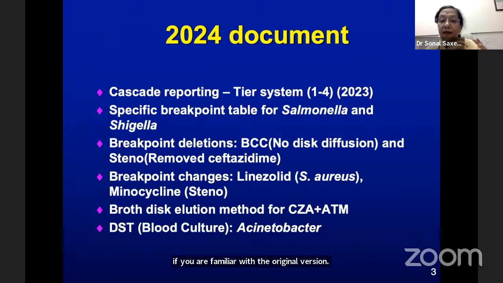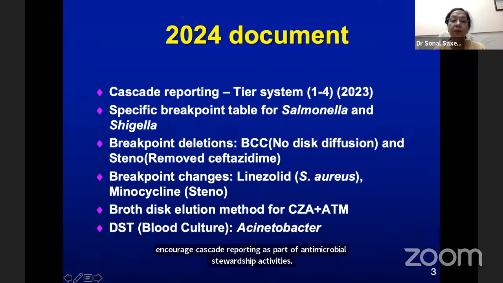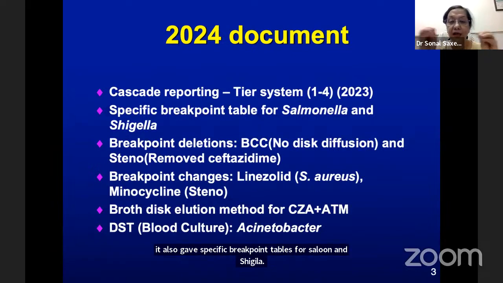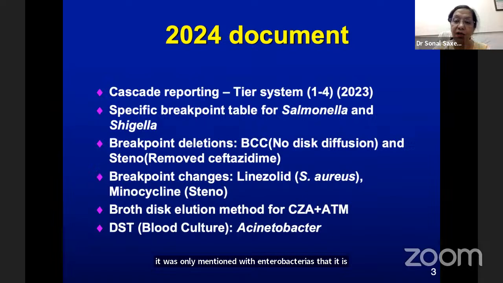Actually, in 2023 itself, it changed to a tier system in order to encourage cascade reporting as part of antimicrobial stewardship activities. And it also gave specific breakpoint tables for Salmonella and Shigella. Earlier, it was only mentioned within Enterobacterales that for Salmonella and Shigella, this drug is not to be recommended, or this drug is recommended only for Salmonella Typhi. Now they have a separate table.